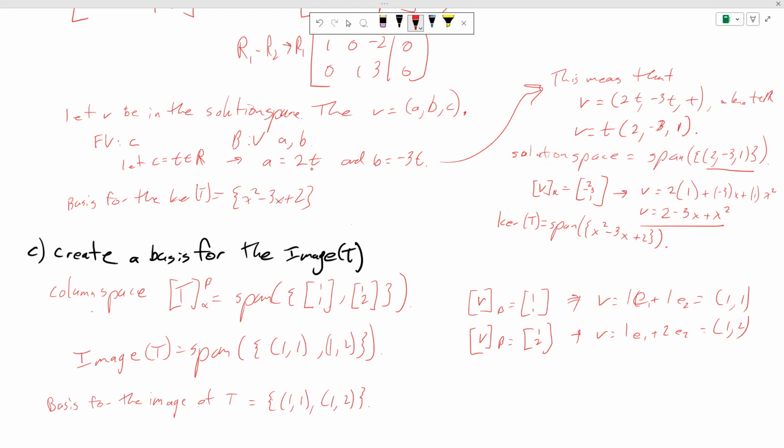Our process is extremely similar to what we did before. The only difference is converting our solution space and our column space, or the spanning sets for our solution space and our column space, into bases for the image of T and the kernel of T by using the bases.